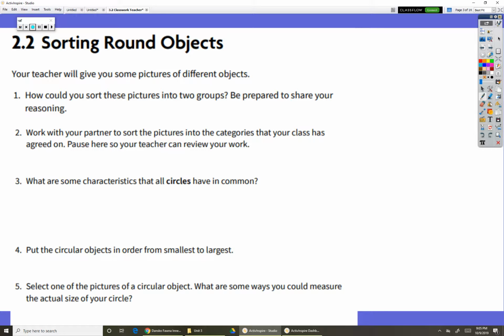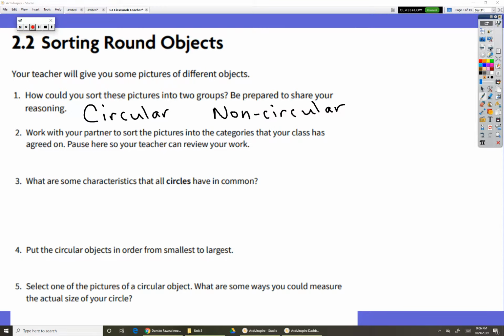Alright, you might have said that you might decide to sort the objects into circular or non-circular objects. You may have come up with a lot of other ideas, but we're going to go with this one. So I want you to sort these pictures into 2 groups. One group, circular, the other group, non-circular. So I want you to pause the video and work with your partner to sort the pictures into these 2 categories, and when you're finished, I want you to come back and finish watching the video.